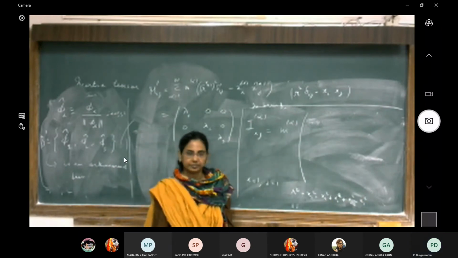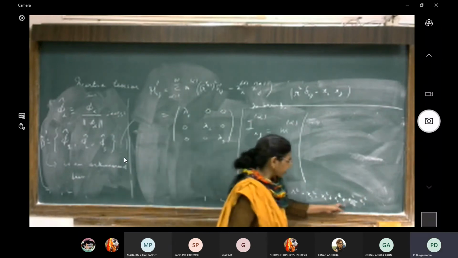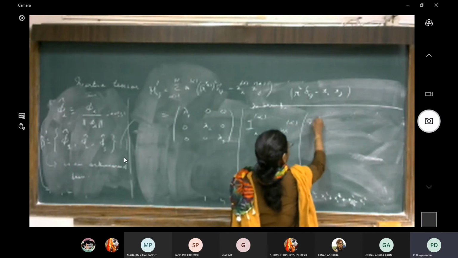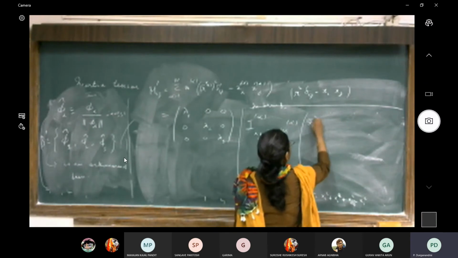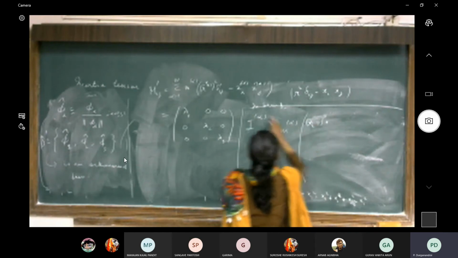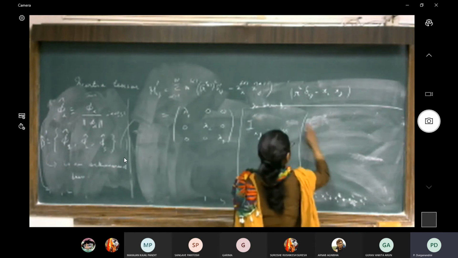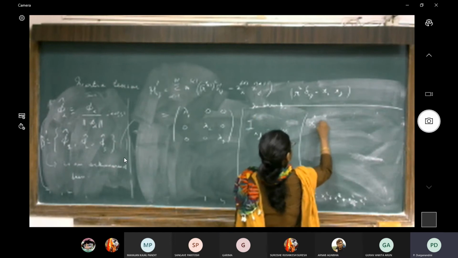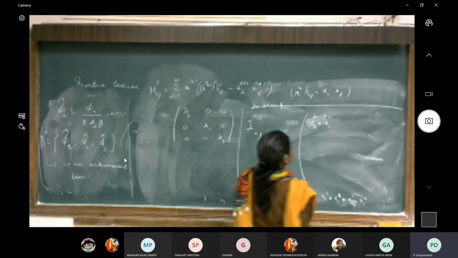Agree? So therefore, I'm simply going to get x2 square plus x3 square. So for this particular one, I'm going to get x2 alpha square. I'll drop the alpha index for the minute because that's simply confusing. So you will get x2 square plus x3 square.